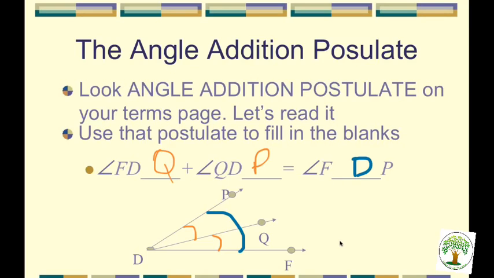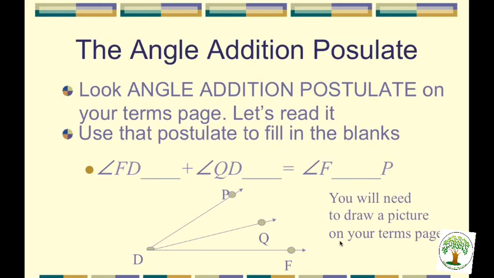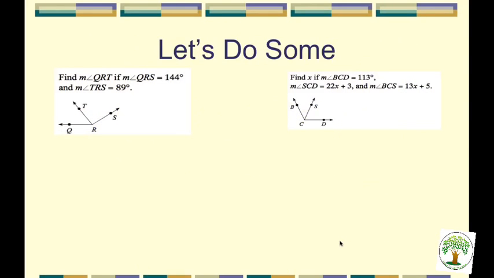So we just use the skills of naming an angle. We have these two pieces, the two orange pieces, equals the blue whole. You're going to need to eventually draw something like this on those definition sheets, or even inside your postulate book, on your angle addition postulate.